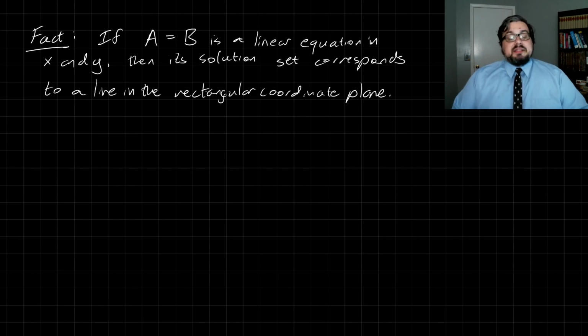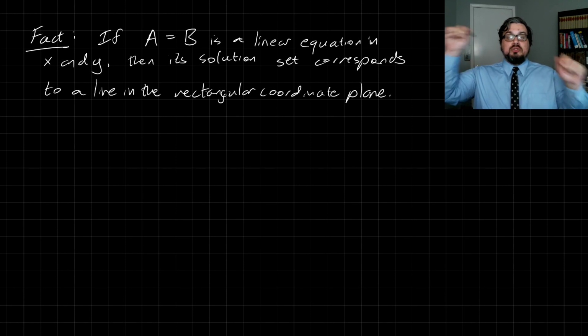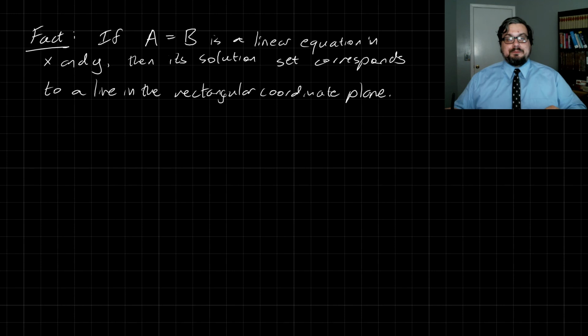Now, one of the things this means is that we don't have to graph 5 points when we're looking at a linear equation. And this is because we know from geometry that a line is determined by exactly 2 points. If I just know 2 points on a plane, there's only one line that goes through them.